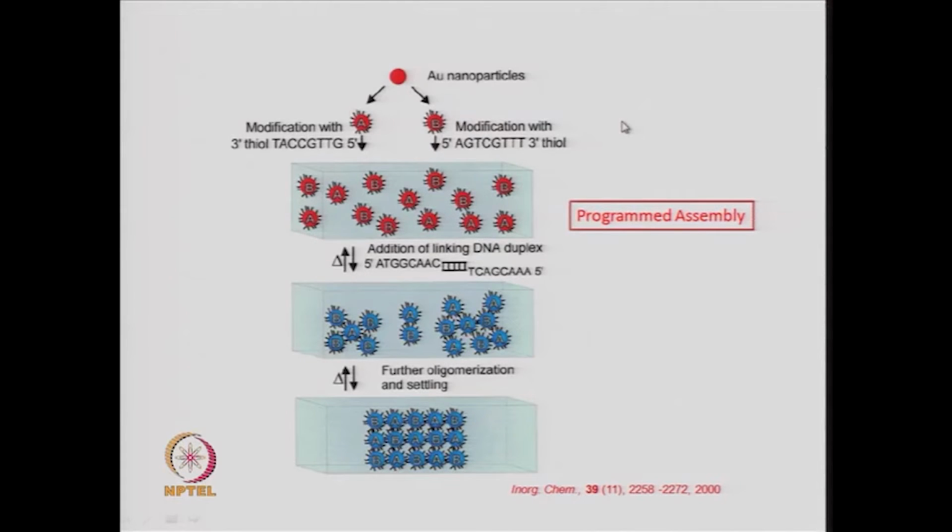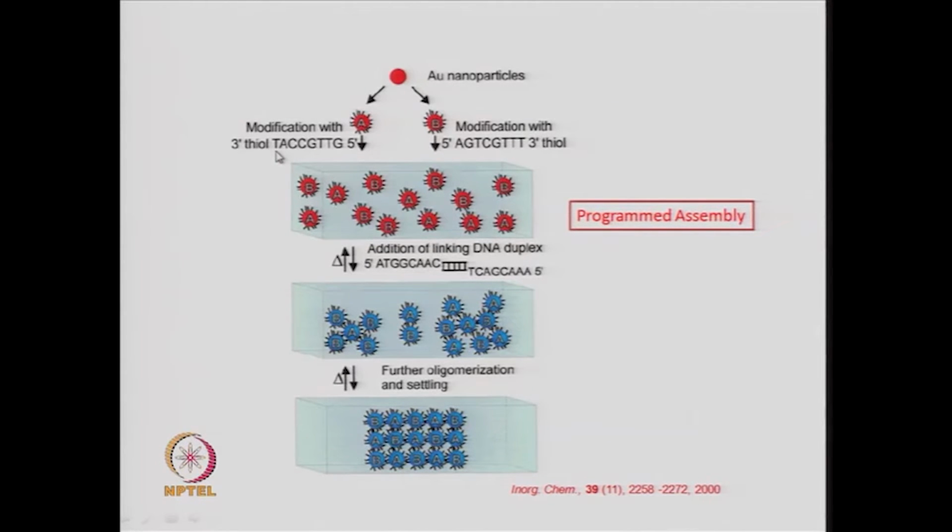Here you can program the assembly by doing some intricate chemistry. So, you have to design some molecules which you want to tag onto gold nanoparticles. So, you have gold nanoparticles and you design a molecule using these kind of base pairs.